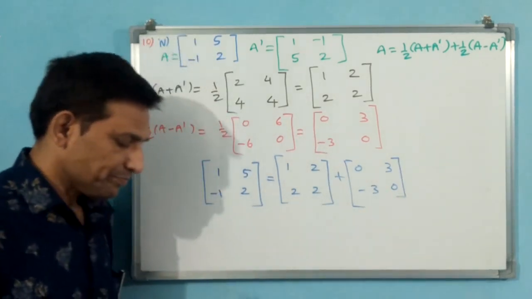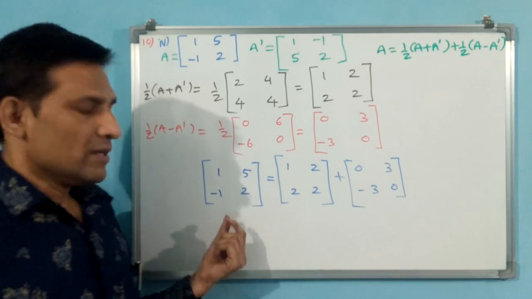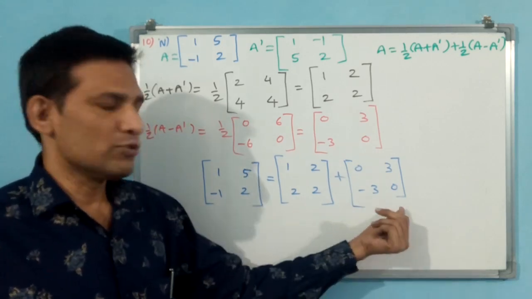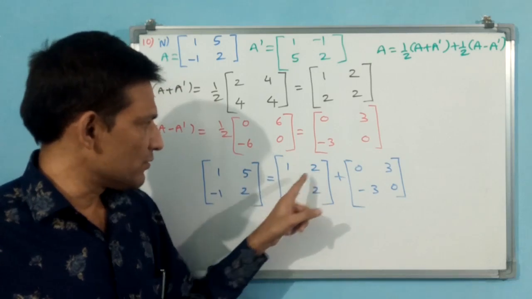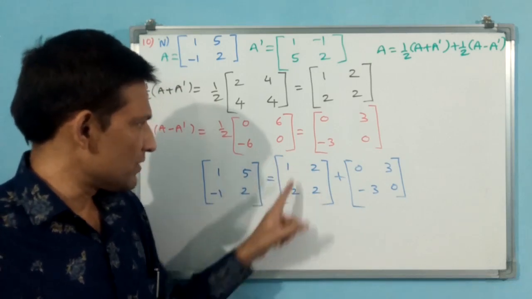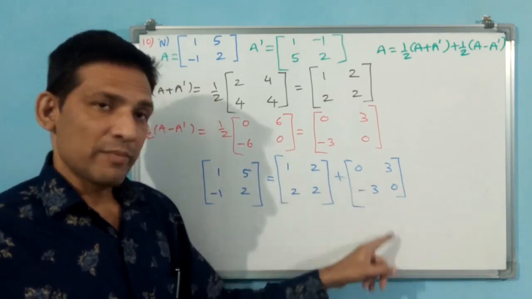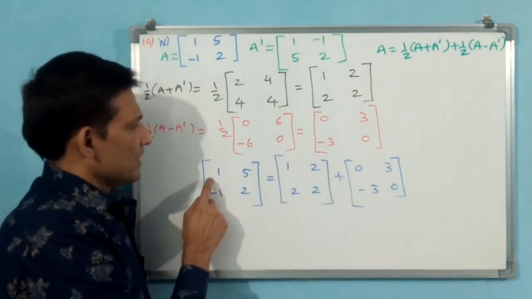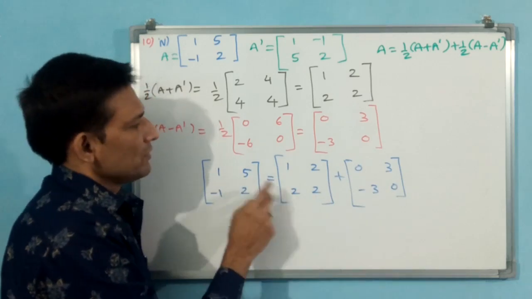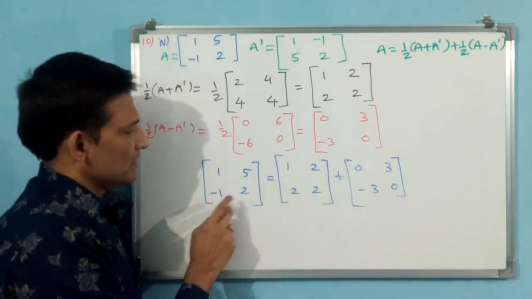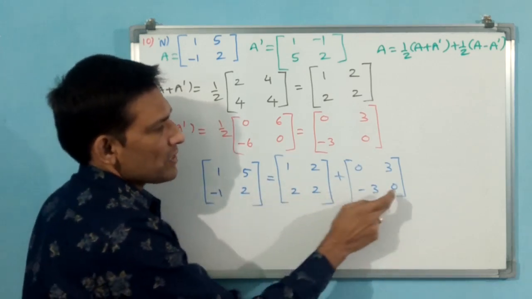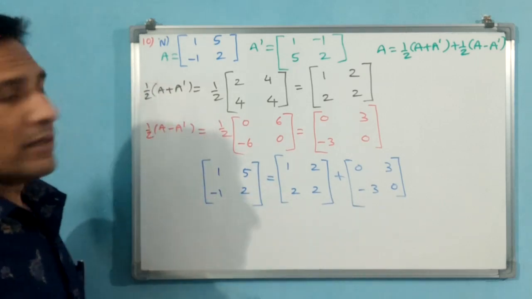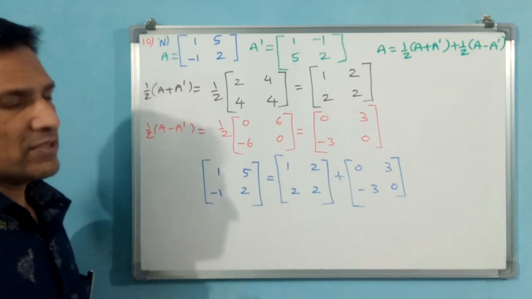Okay. Now we can say we have shown this matrix as a sum of a symmetric and a skew symmetric matrix. This is the symmetric matrix, and this is the skew symmetric matrix. If you add both, this matrix should come: 1 plus 0, 1; 2 plus 3, 5; 2 minus 3, minus 1; 2 plus 0, 2. The same has come. Okay. Now we finished the 10th question.